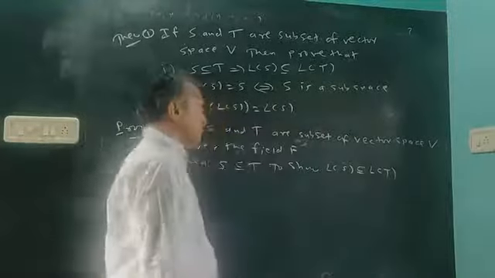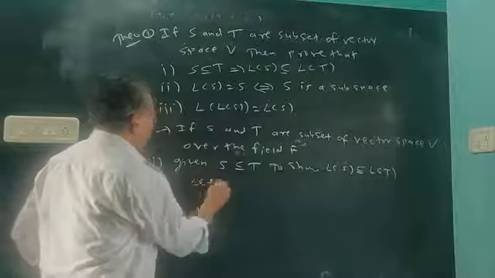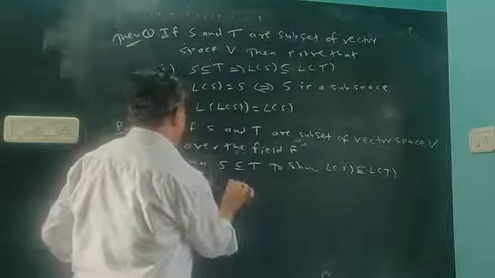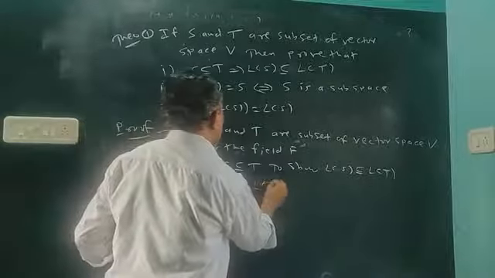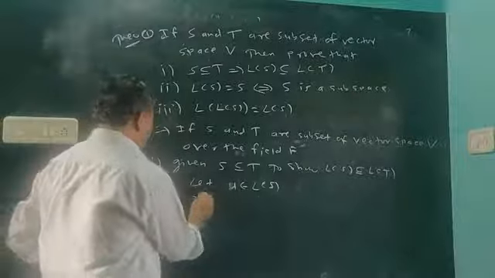For a subset, take one point, one vector. So suppose U belongs to L of S, the span.